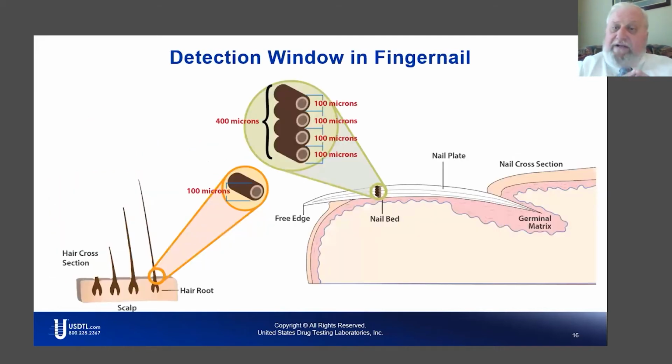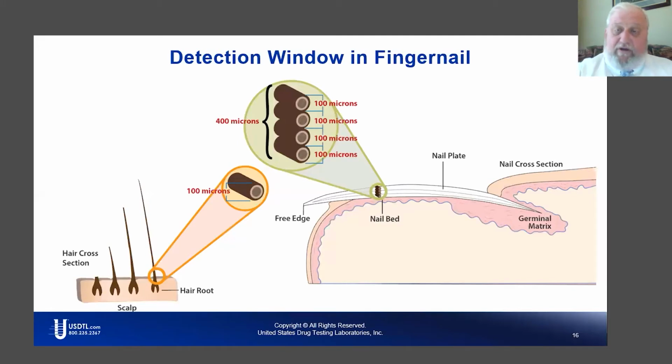And so one of the factors that makes a nail an interesting specimen type is that it's a keratinized matrix, as we mentioned before, but it's somewhat thicker than hair. On average, hair is about 100 microns, whereas fingernails average about 400 microns.